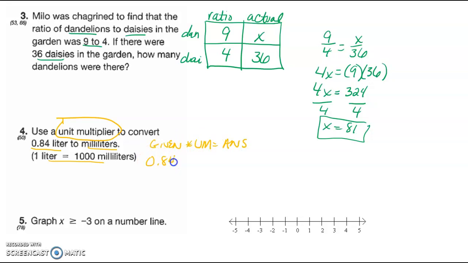We are given 0.84 liters. We're not sure what our unit multiplier is going to be yet, if it's going to be milliliters over liters or liters over milliliters, but we know our answer is supposed to be milliliters. So that means I want milliliters in the top. So my liters are going to cancel. 1,000 times 0.84 gives me 840 milliliters. Most of you got that one correct.